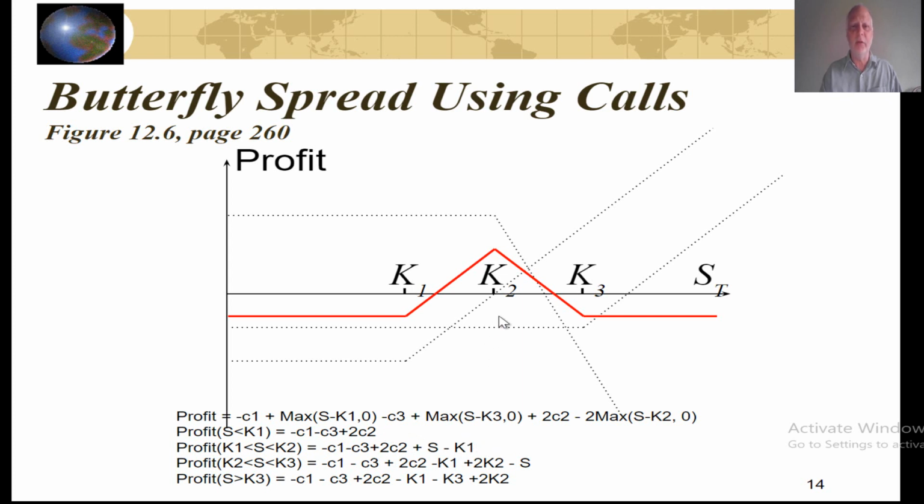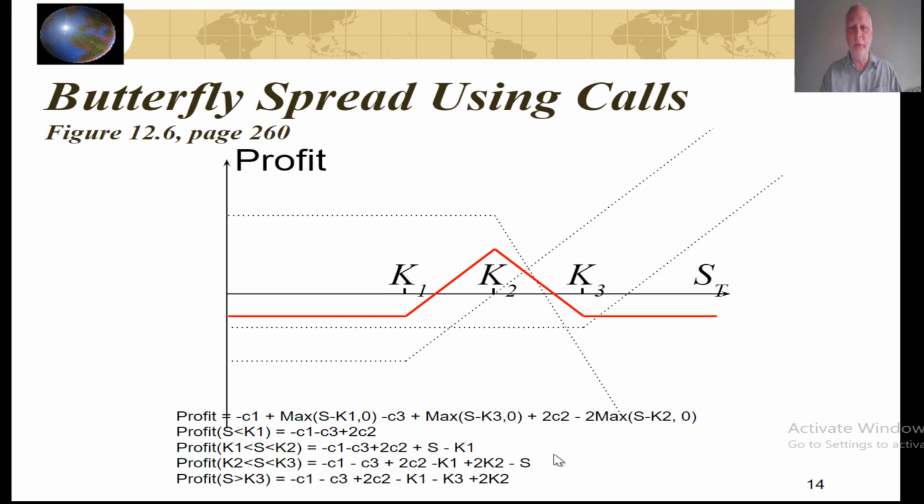Next we can ask, what about if S is between K2 and K3? Well, in that case, this option is in the money, and these 2 options over here are in the money. So we will have all of our call option prices. We will have an S minus K1, and then we will have over here minus 2 S's plus 2 K2.